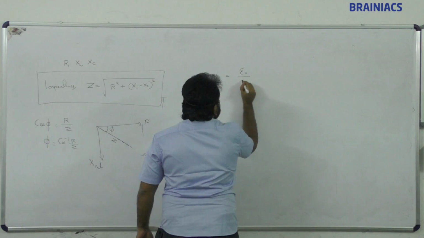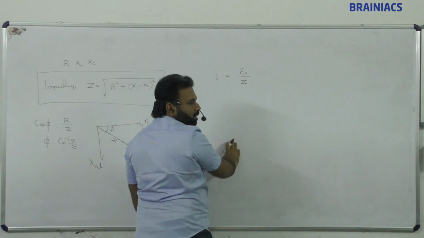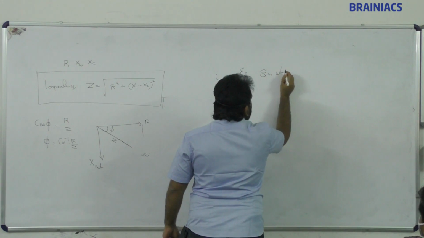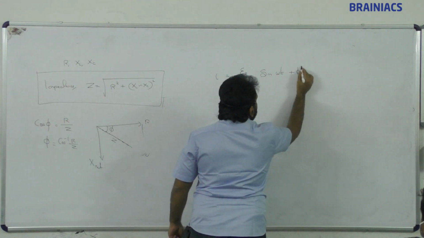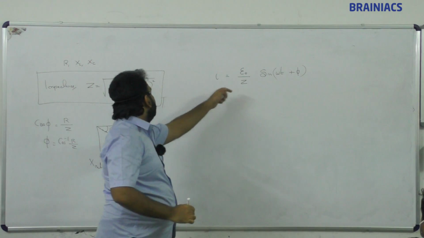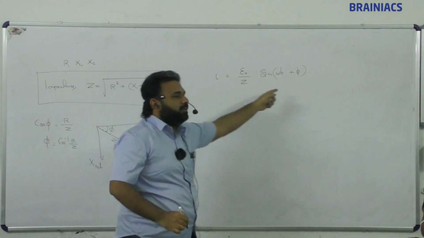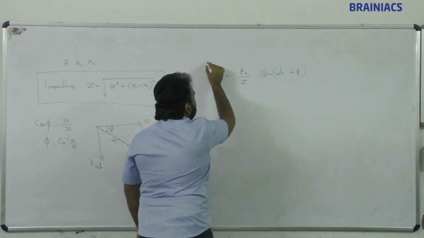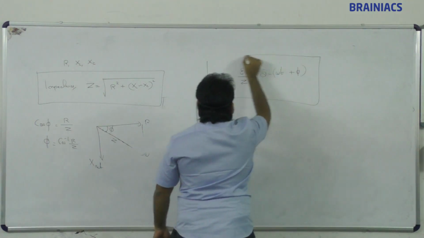E naught by Z. Here it is always sin omega t. Z can be found from this formula, and phi can be found from any of these formulas. That's enough.